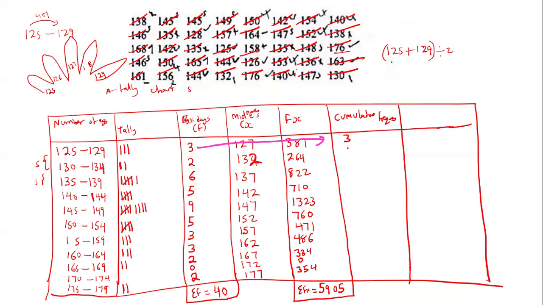Now 3 plus 2 is 5. 5 plus 6 is 11. 11 plus 5 is 16. 16 plus 9 is 25. 25, 30. 30, 33. 33, 36. 36, 38. 38, and 40. Okay, good. Members, do we agree?